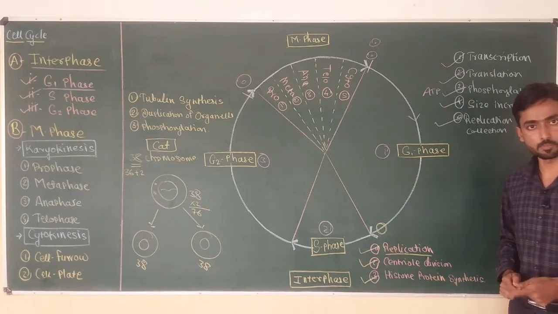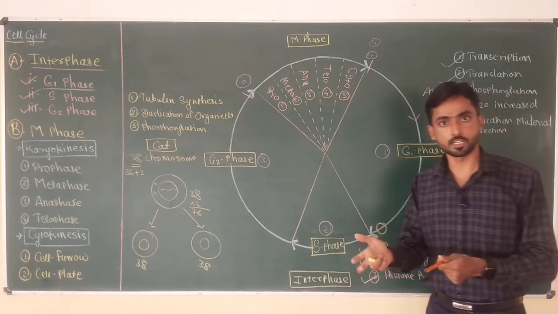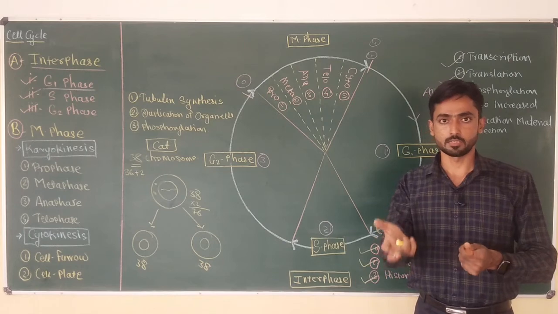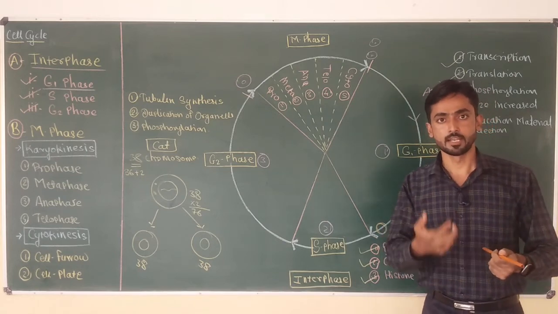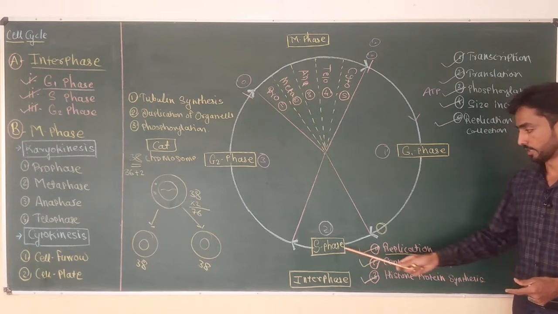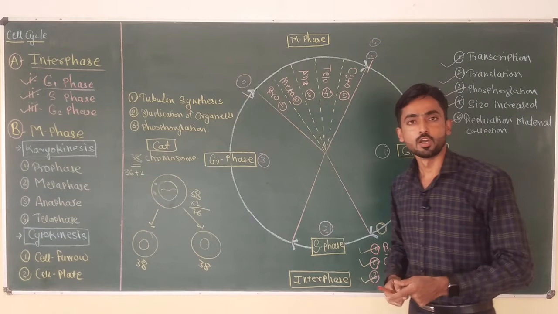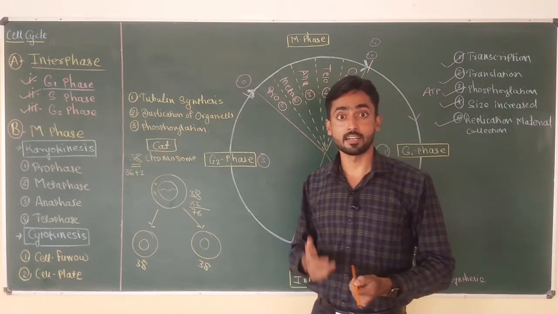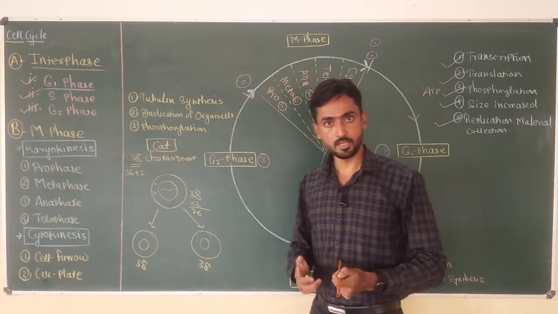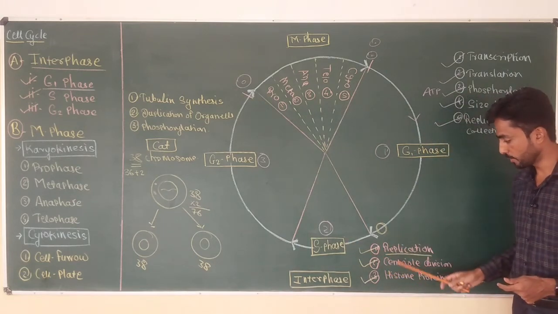For proper coiling of the DNA, the cell requires positively charged proteins, as DNA is negatively charged due to phosphate. These proteins are called histone proteins, and they are produced during the S phase. Histone proteins are positively charged because they have amino acids like lysine and arginine in large quantity.